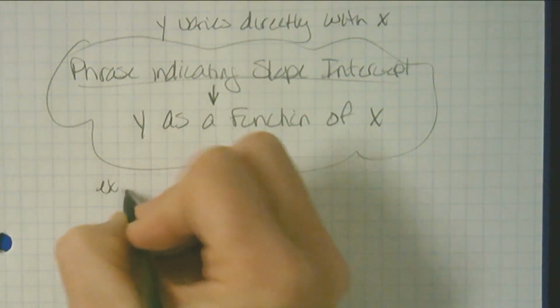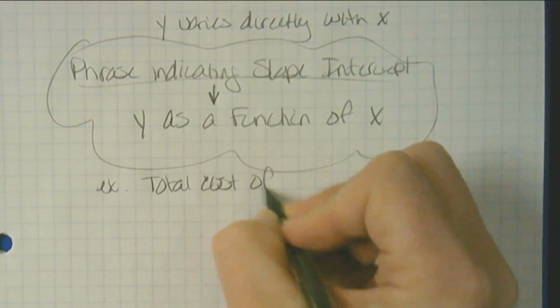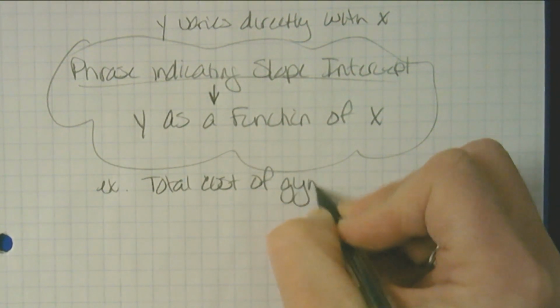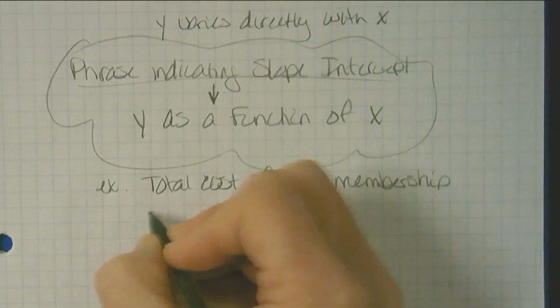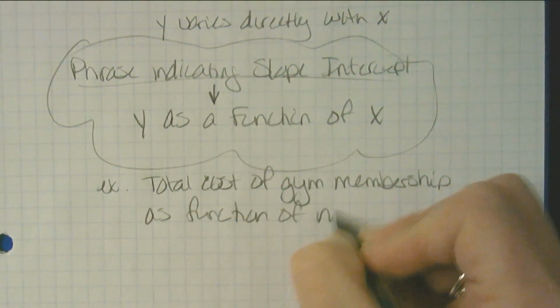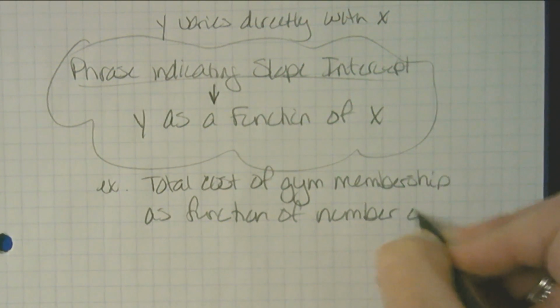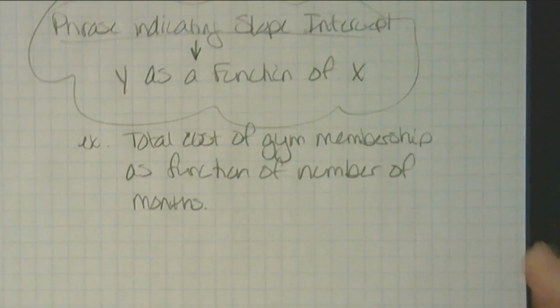An example of that might be total cost of gym membership as a function of number of months. That's what one might look like.